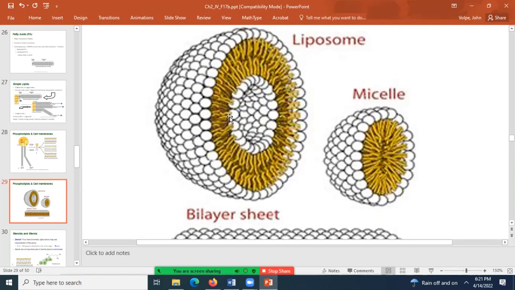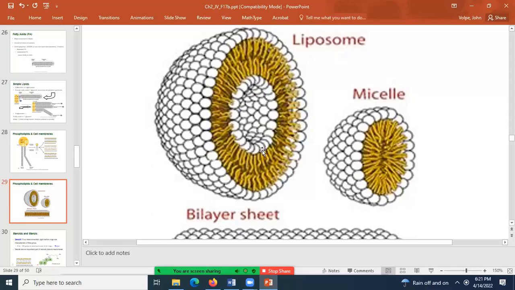And then the phospholipids will be on the inside, because inside the cell is cytoplasm, which is mostly water, and the heads like to face the water. The tails want to stay away from the water, so they come together, because lipids can be with other lipids, but they don't like being around a polar molecule such as water.